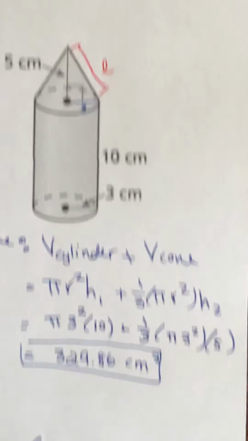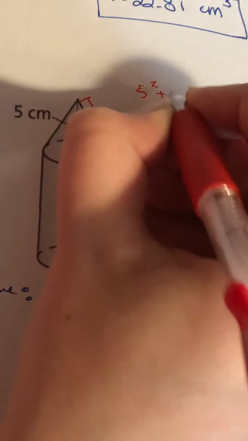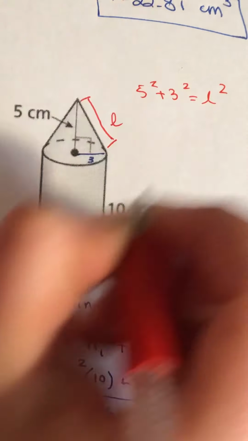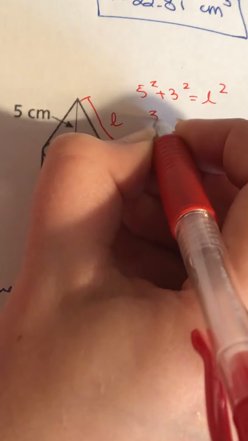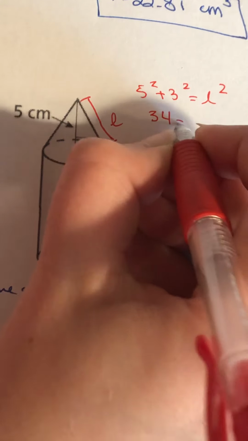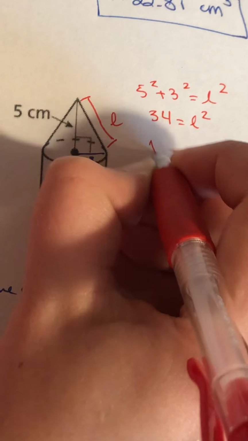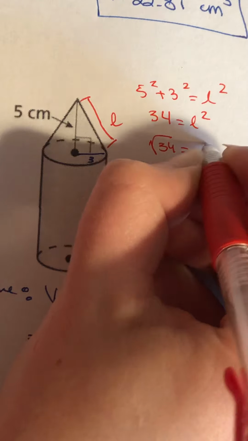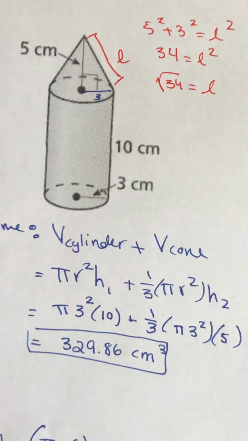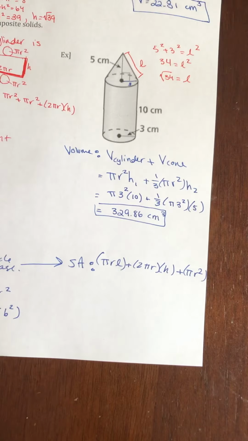Well, we have 5 squared plus 3 squared equals L squared. 25 plus 9 is 34. All right, so our L is the square root of 34, and you can plug it in directly into the equation.